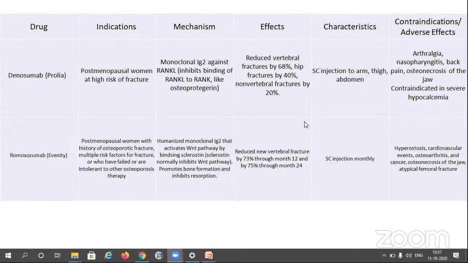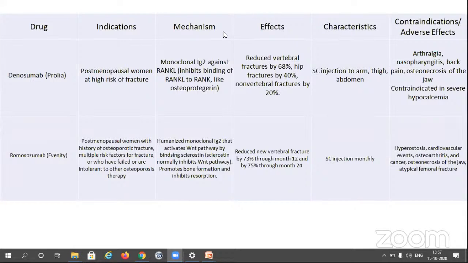Romosozumab is mainly indicated in postmenopausal women with a history of osteoporotic fracture, multiple risk factors for fracture, and who have failed or are intolerant to other osteoporosis therapy. Its mechanism: it is a humanized monoclonal IgG2 that activates the WNT pathway by binding sclerostin, promotes bone formation and inhibits resorption.